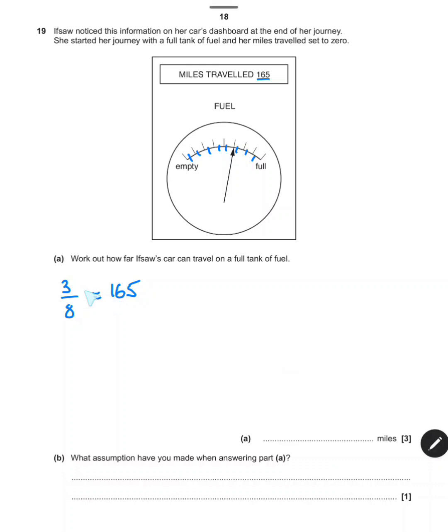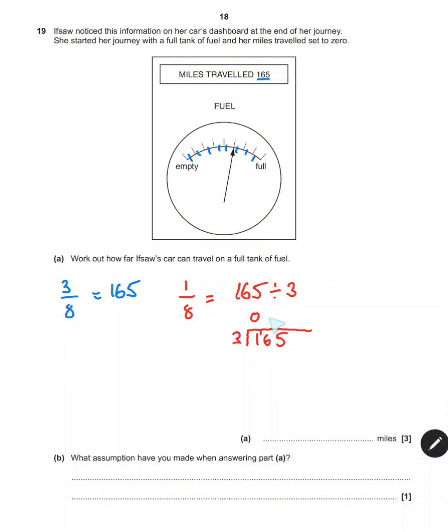If I can work out 1/8, then I can work out a full tank. So I'm going to do that now. Well, if 3/8 is 165 miles, then 1/8 must be 165 divided by 3. So I'm going to work that out now. How many 3's go into 165? 3's into 1 is 0. 3's into 16.